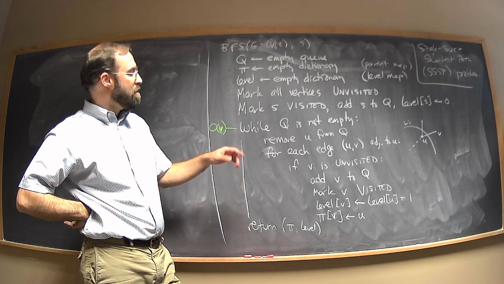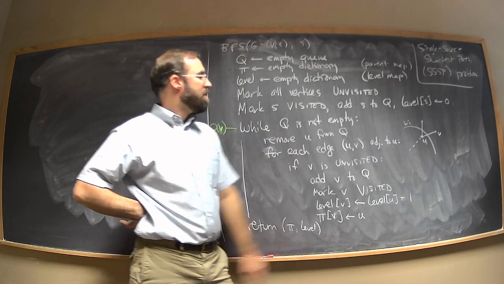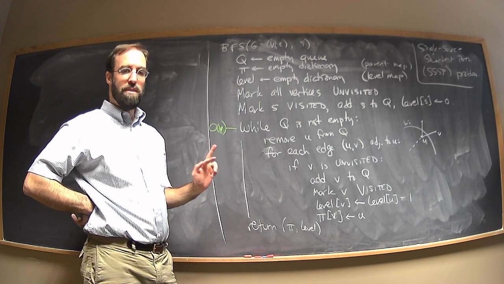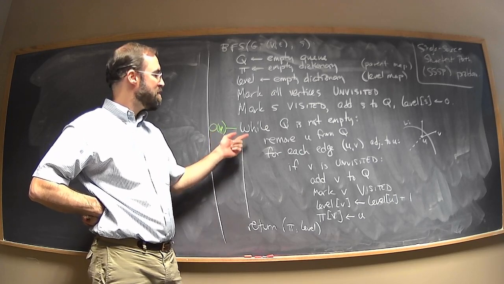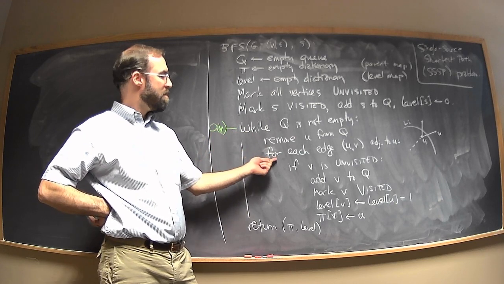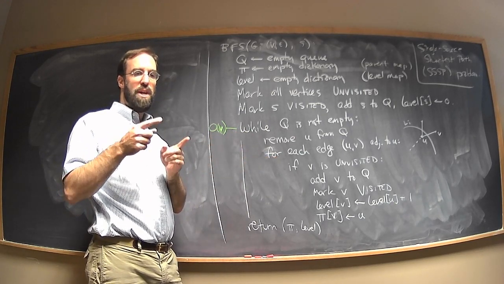So one way to think about it is, I claim that each edge we look at twice, once in each direction. Because we're looking at every vertex once, and for every vertex we're going to look at all the edges going out of it, each edge we're going to look at twice.